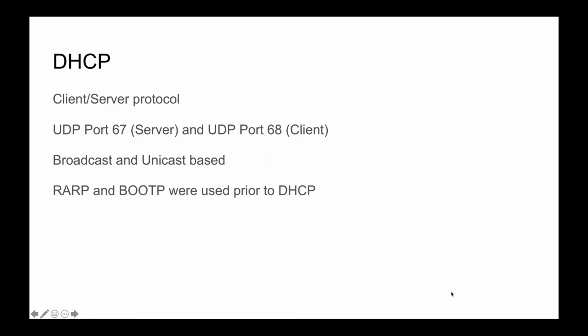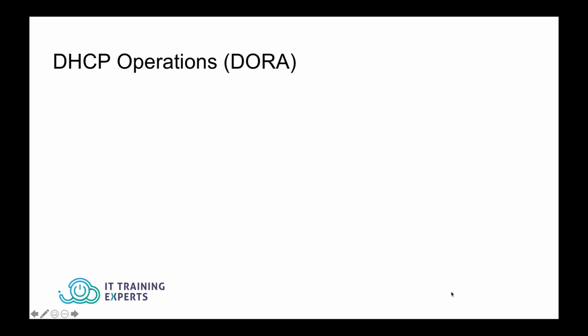Prior to DHCP, we had a couple other protocols that were used a long time ago, and that was reverse ARP and BOOTP. Those were used prior to DHCP. DHCP is actually based off of BOOTP. Another thing with DHCP is there's no built-in security.